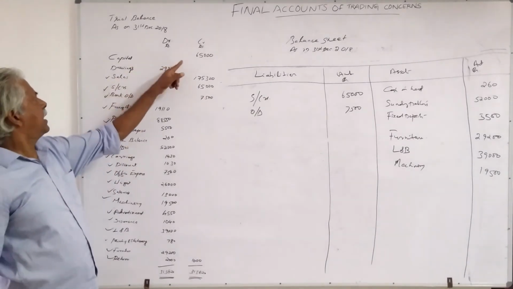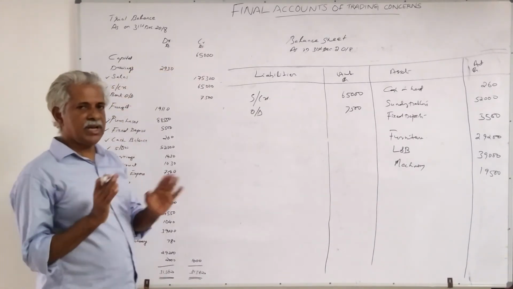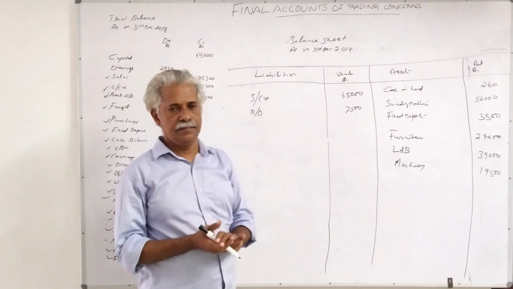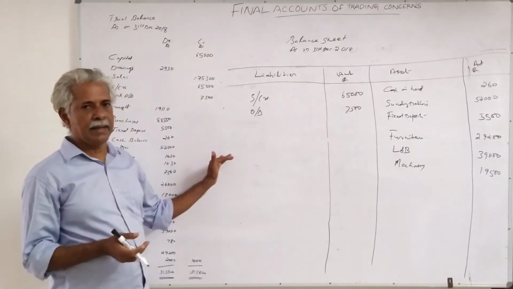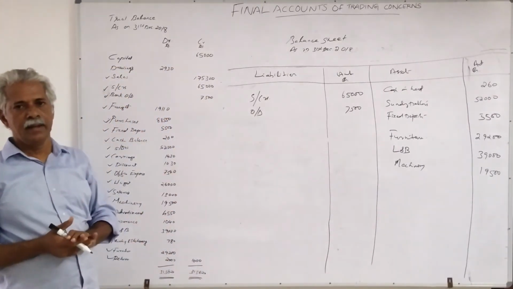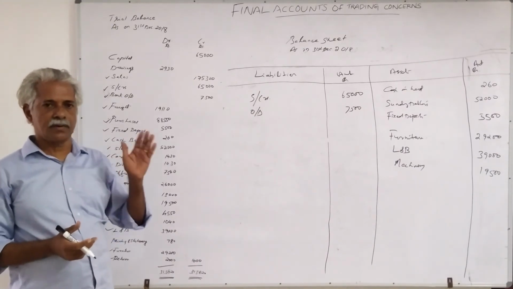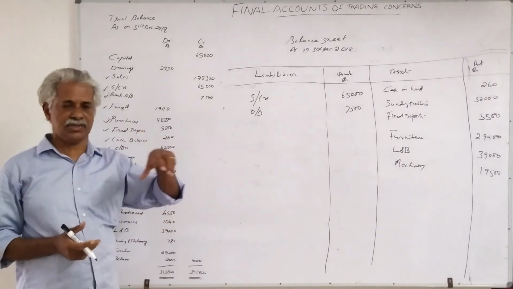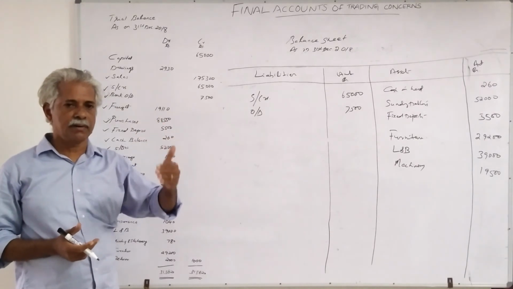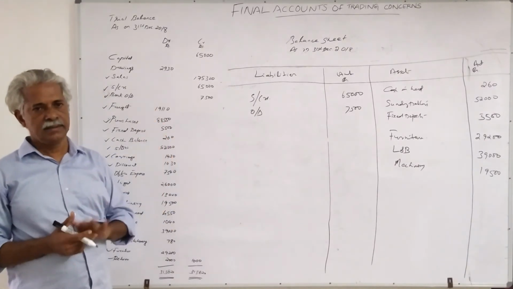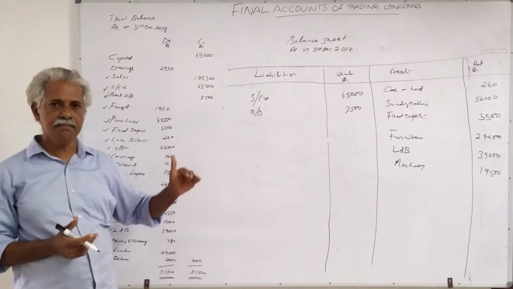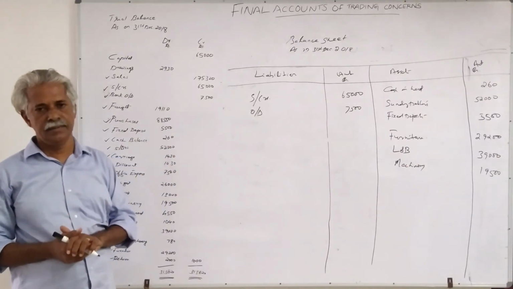The remaining items are capital and drawings, which are connected with the trader. Capital is the permanent liability to the organization, and whenever there are drawings, to that much extent the liability of the business organization decreases. That means drawings must be deducted from capital in the balance sheet.